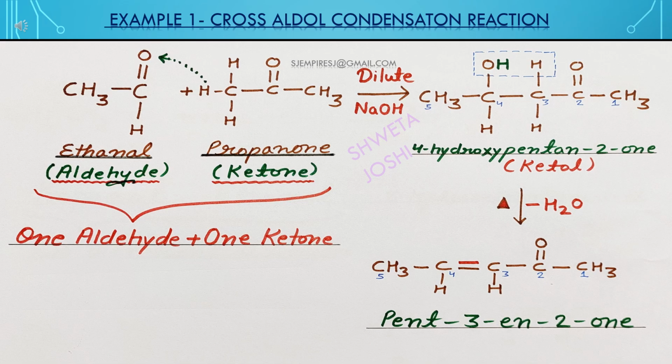This condensation product, when reacted in the presence of dilute HCl or any other dilute acid, or when heated, will lose its water molecule, forming alpha beta unsaturated product.